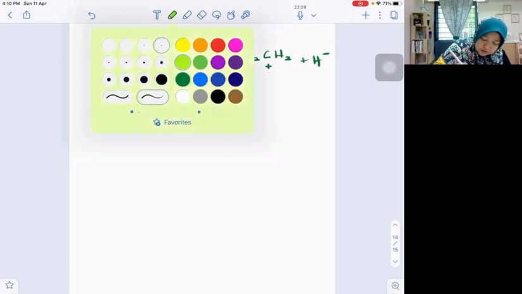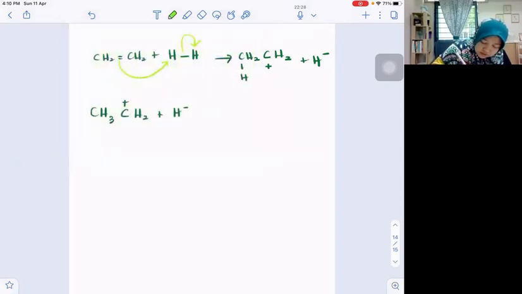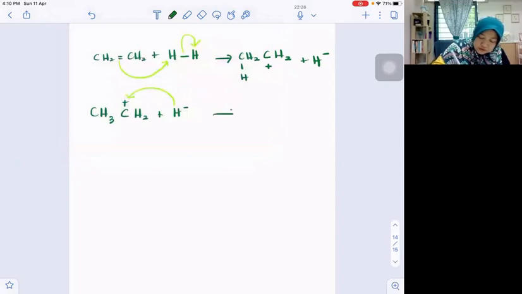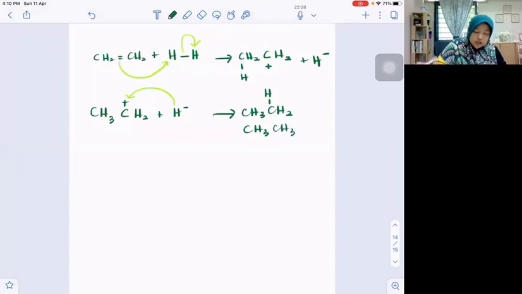The arrow is compulsory, we show the reaction. So H minus attacks the carbocation ion, and it turns to CH3, CH2, H attached to it. If we condense it, it is actually the same as CH3, CH3.